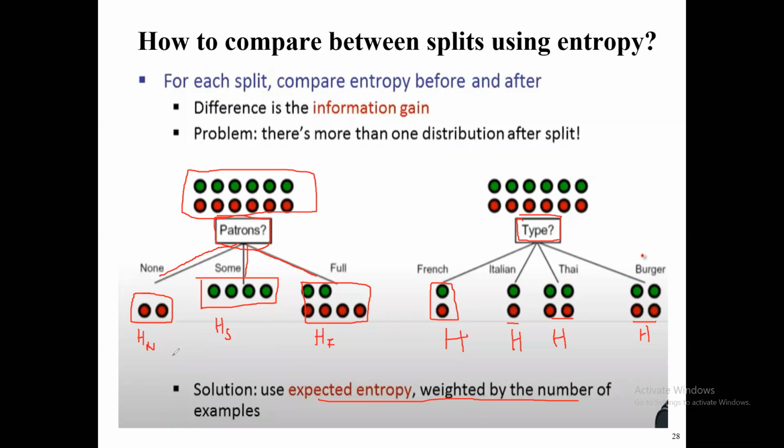So for the none value, the value will be 2 by 12 Hn, plus 4 by 12 into Hs, plus 6 by 12, because there are 6 examples in full, into HF.